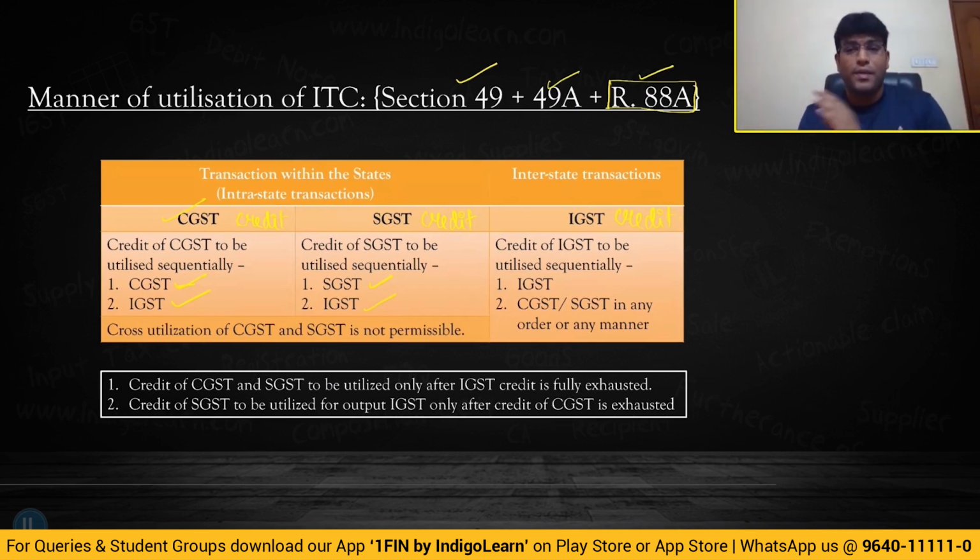Cross utilization of CGST credit and SGST credit is not allowed. That's a very clear point. But always keep in mind that CGST credit is to be first utilized for CGST, only then for IGST. SGST credit is to be first utilized for SGST, only then for IGST. The last one is very important. Please note that very clearly. Super duper important.